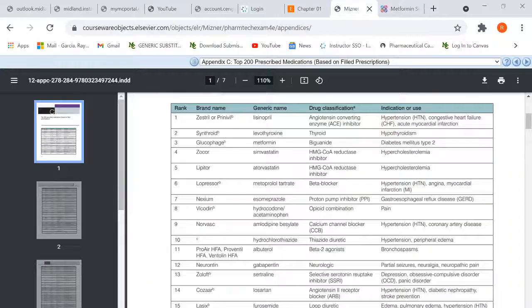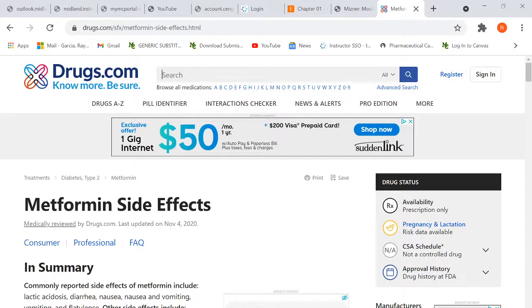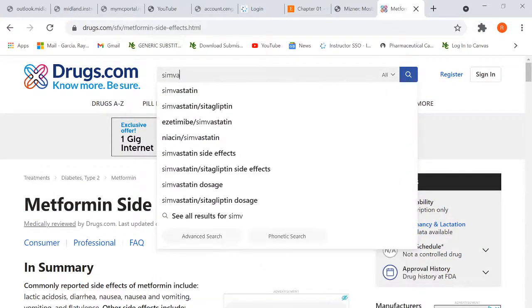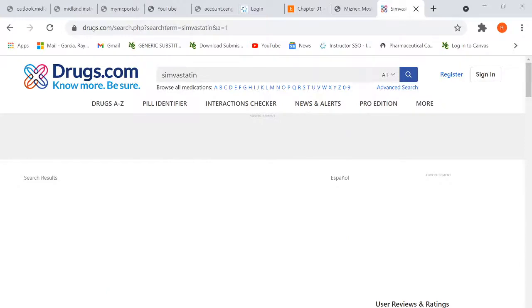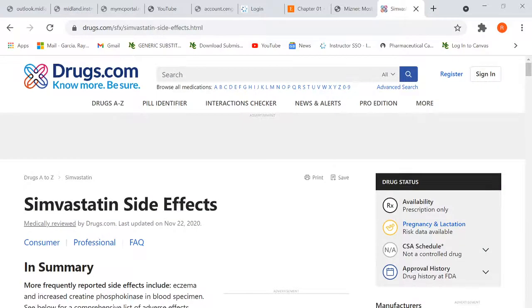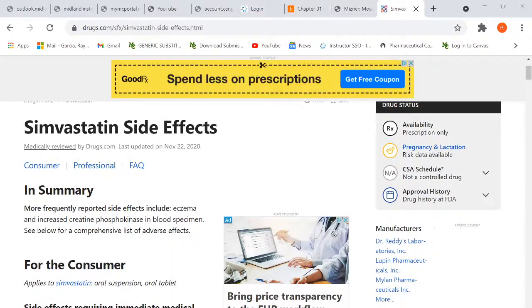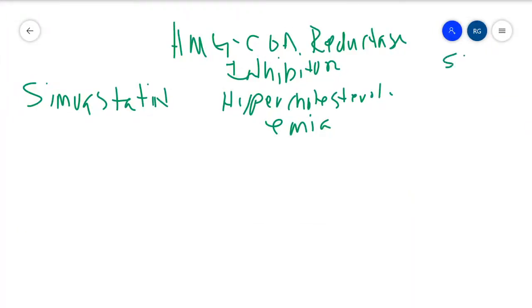Let's look at the side effects for simvastatin. Frequent side effects include eczema and increased creatine phosphokinase in blood specimen. Eczema. Let's write that down. Side effects.